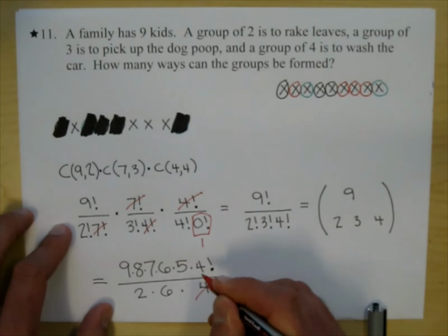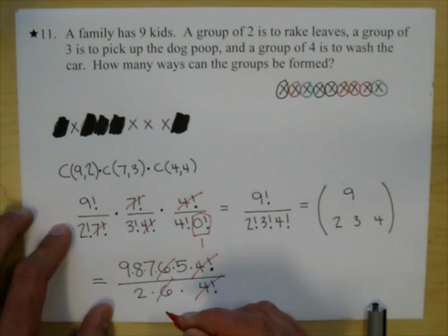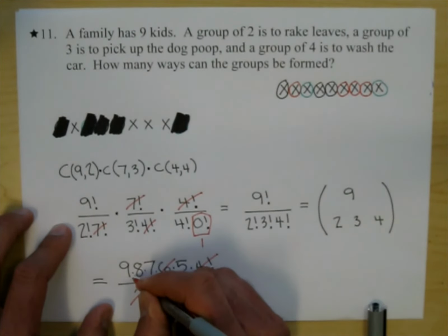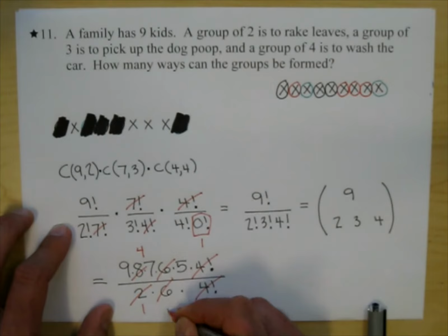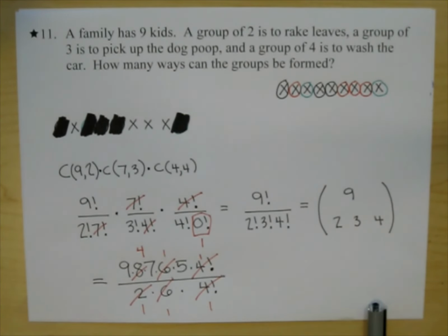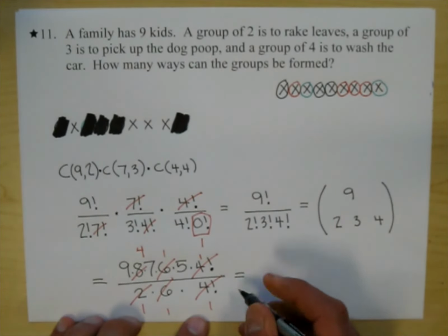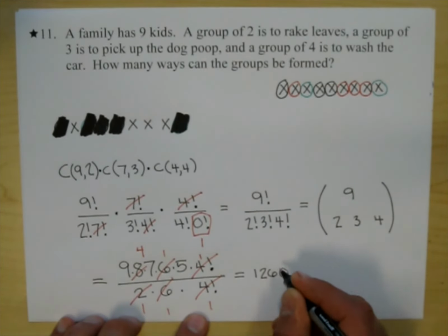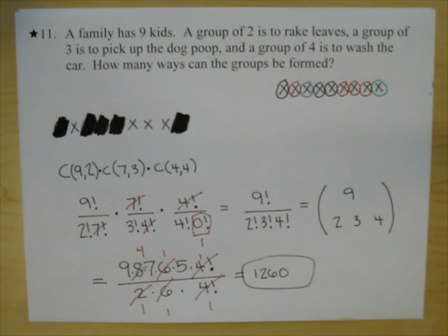So the 4 factorials would cancel, the 6s would cancel, the 8 would cancel with the 2, so this is a 4. Those are all 1s. And you would end up going 9 times 4 times 7 times 5, which is actually 1,260. I prepared that answer ahead of time.